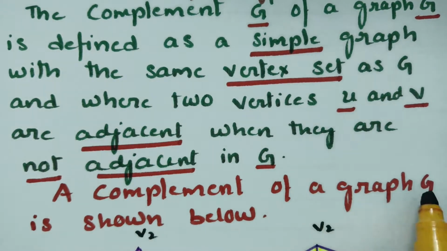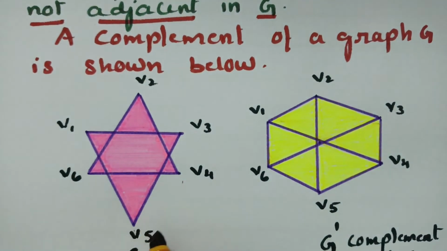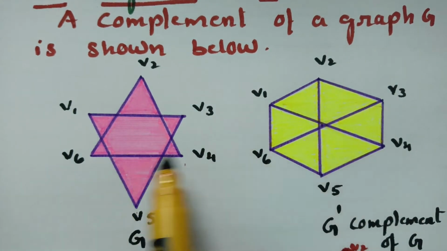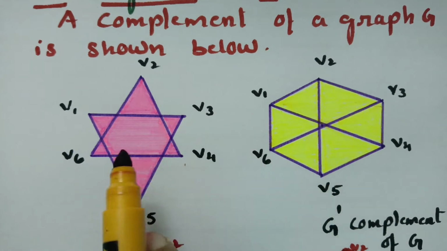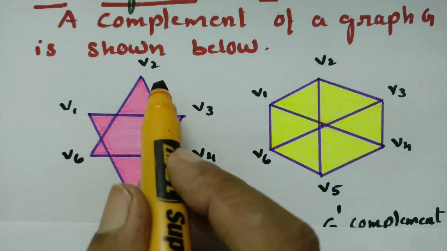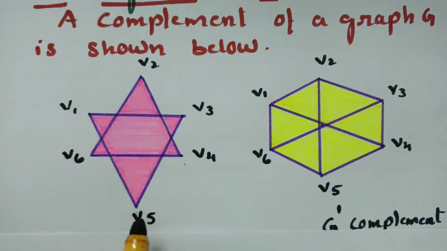A complement of a graph G is shown below. If this is the graph G, this is the complement of this graph, and I'll explain how this star becomes a diamond. How many vertices are there? V1, V2, V3, V4, V5 and V6.